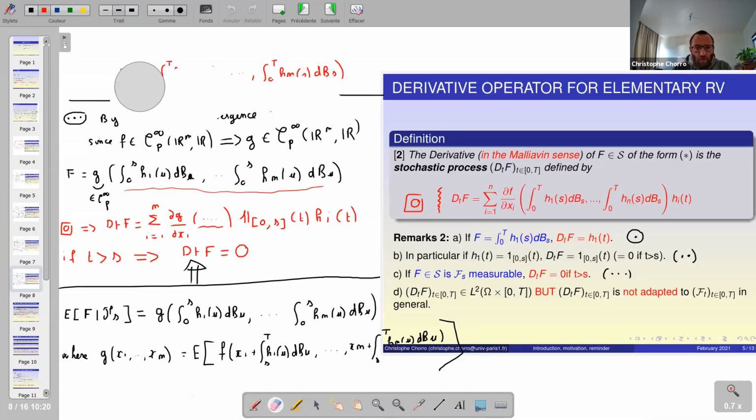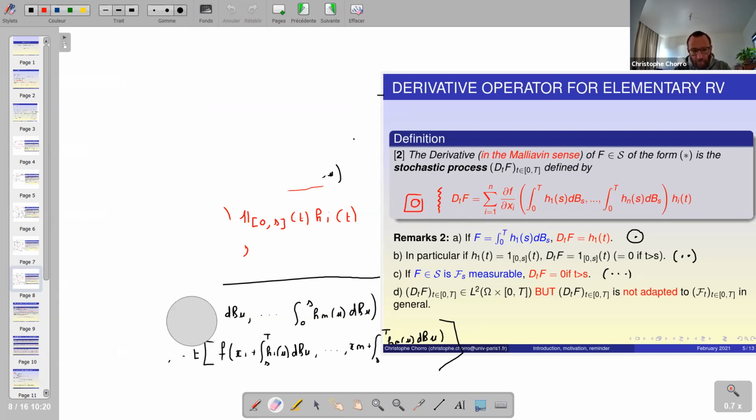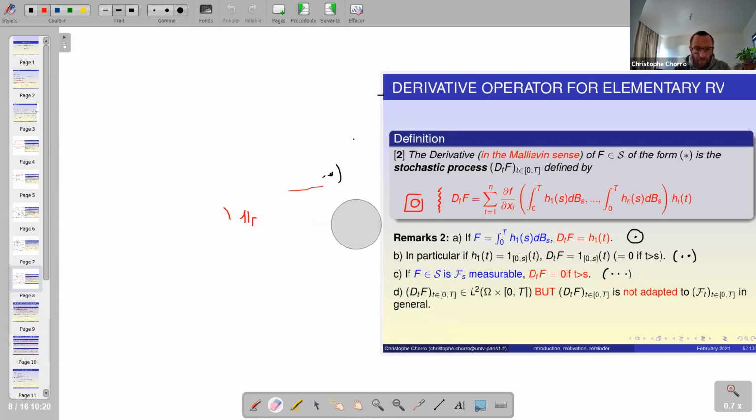So let's have a look at the last remark, that is this one.